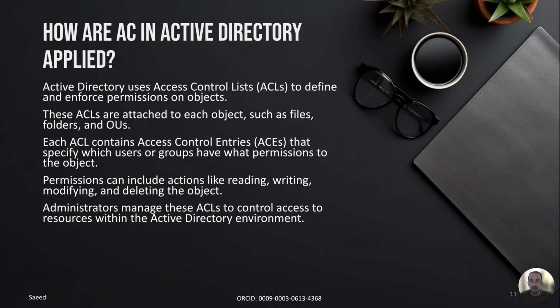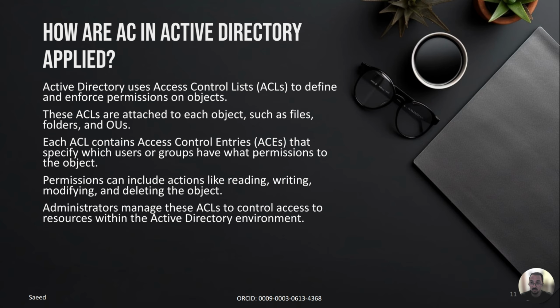Now, how are access controls in Active Directory applied? This is done through access control lists, which are used to define and enforce the permissions on objects. These access control lists are attached to objects such as files, folders, and organization units. Each access control list contains access control entries.